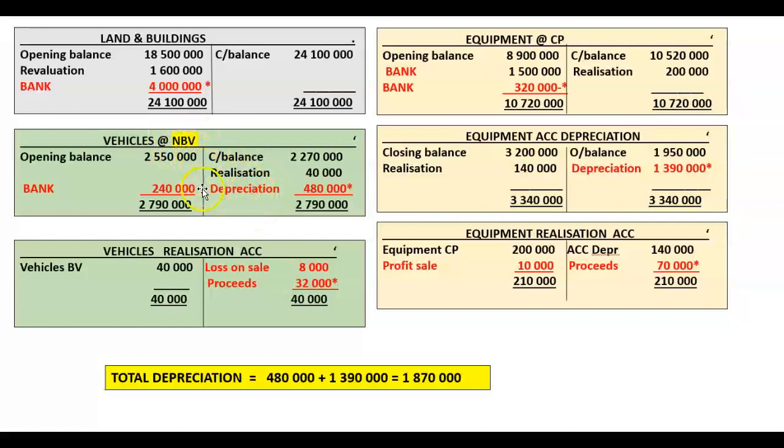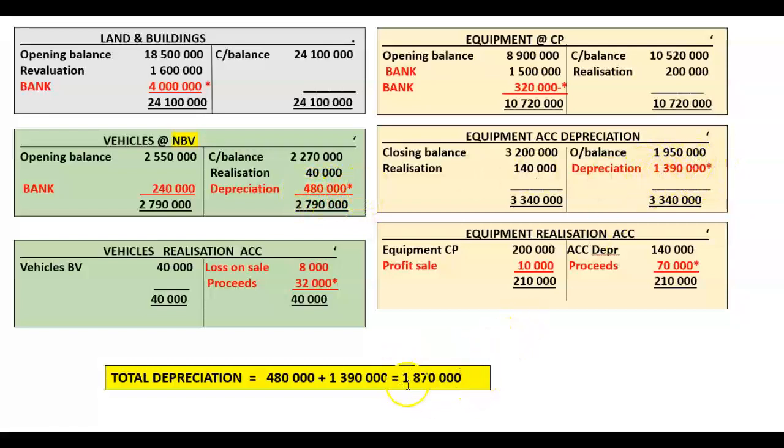Remember, it's a combined account. We have purchases, we have the carry value of the assets that's sold, which was removed out of the account. So the only other thing that can happen in that combined account is our depreciation charge for the year. And that is actually our balancing figure of 480,000. So total depreciation will then be our 480,000 plus 1,390.